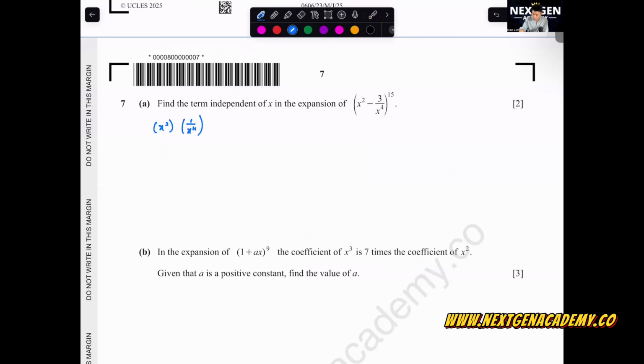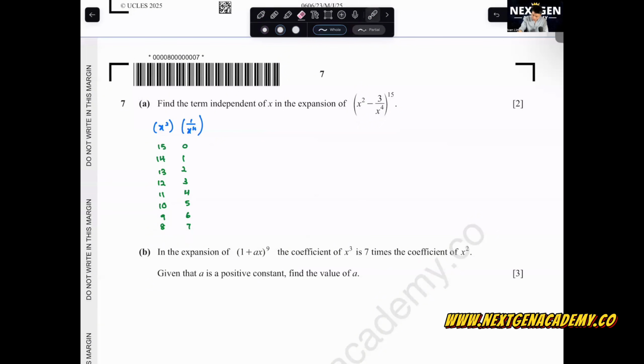So these are the possible ways: 15, 0; 14, 1; 13, 2; 12, 3; 11, 4; 10, 5; 9, 6; 7, 8. It'll be one of these combinations.